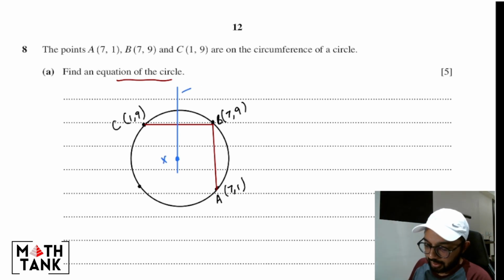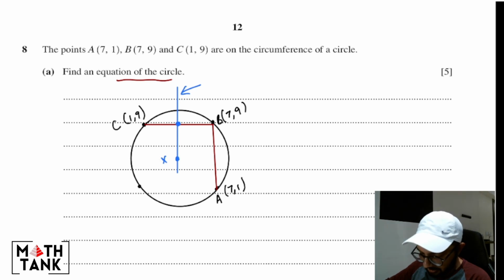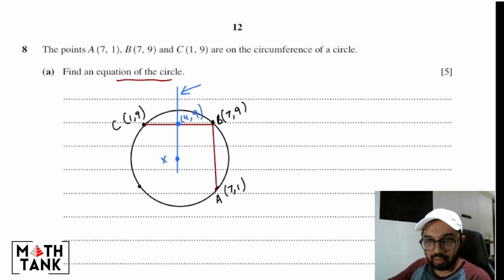So if I was drawing the perpendicular bisector of B and C, I know that it's going to be a completely vertical line which is going to pass through the coordinates. It's going to be the midpoint of this, so it's going to be something between 1 and 7, so it's going to be 4, 9. And vertical lines have the equation x equals 4. So I know that this will have the x coordinate 4.